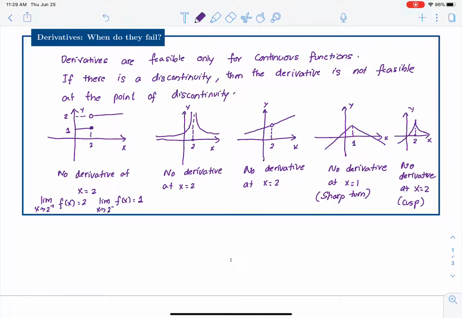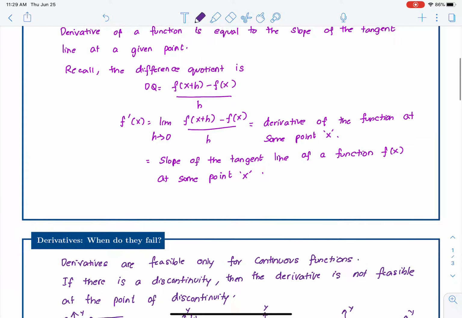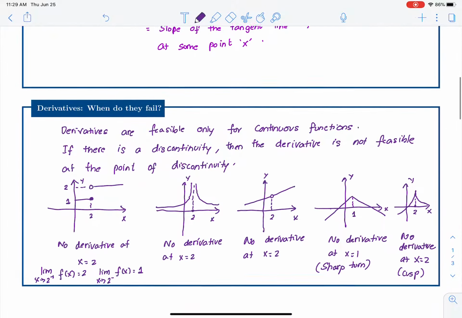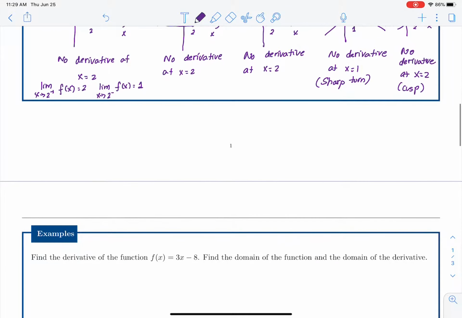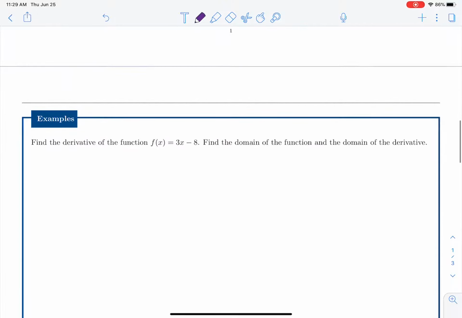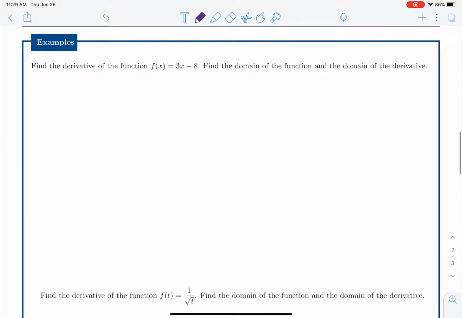If the one-sided limits don't match, then the limit doesn't exist. And if the limit doesn't exist, then the derivative cannot exist. The reason being, the derivative is directly related to the limit at a given point. So discontinuities are quite important when we try to find the derivative of a function.